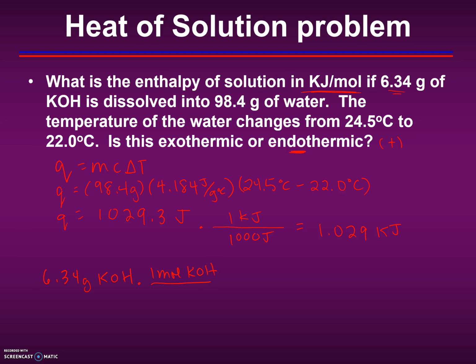So potassium is 39.1, oxygen is 16, and hydrogen is 1.01. That gives me 56.11 grams. I'm going to take my 6.34 and divide it by the 56.11, and I end up with 0.113 moles.